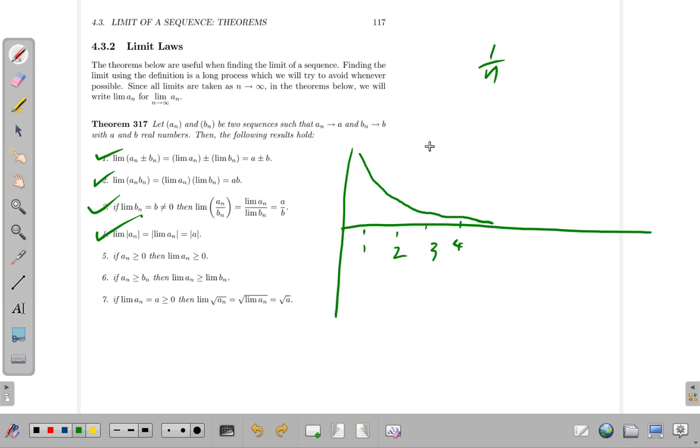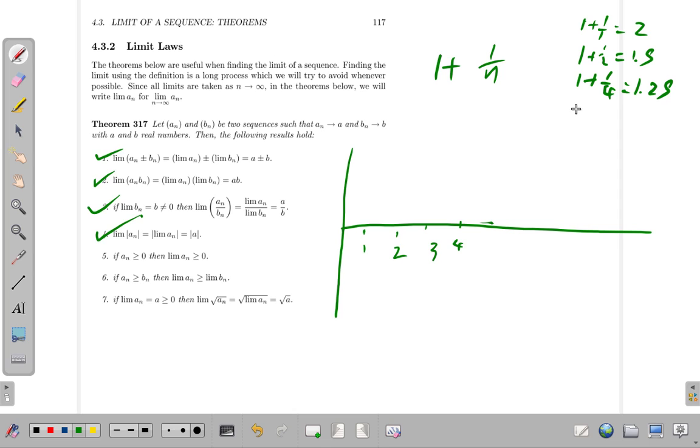Alright? Another example, if we have, say, 1 plus 1 over n. At first, A1, the first term would be 1 plus 1 over 1, which is 2. The second term would be 1 plus a half, which is 1.5. The third term would be 1 plus a quarter, which is 1.25, and so on.